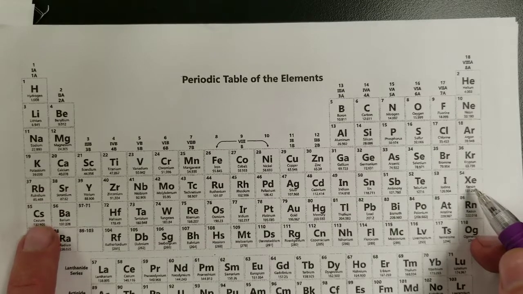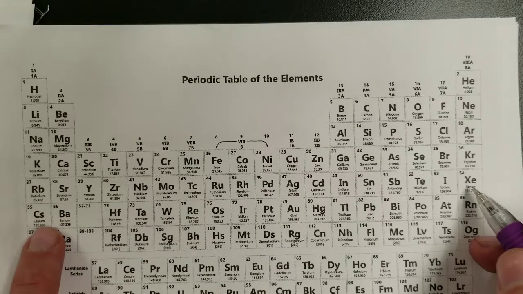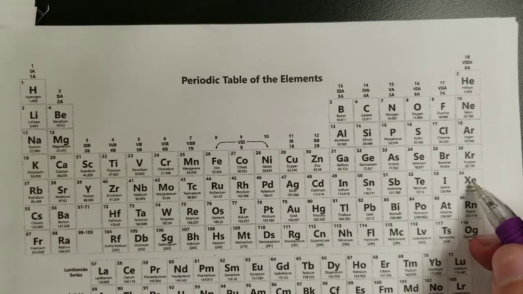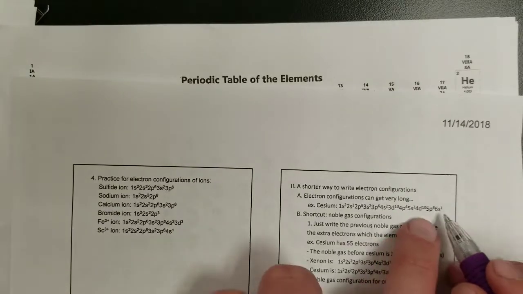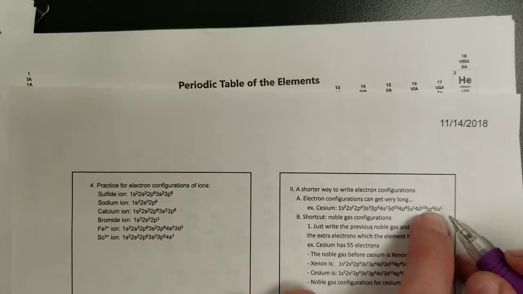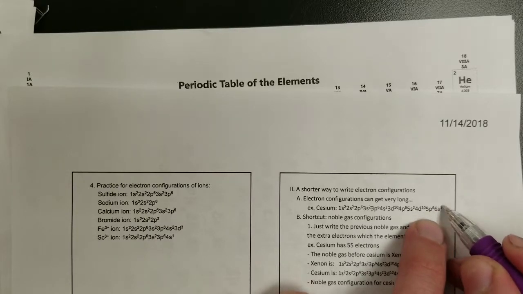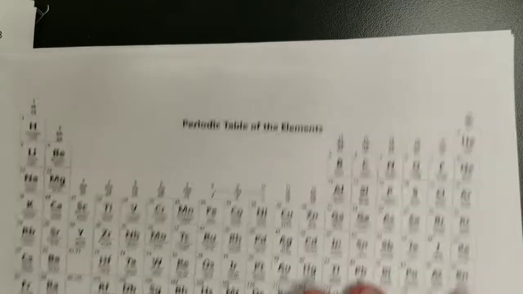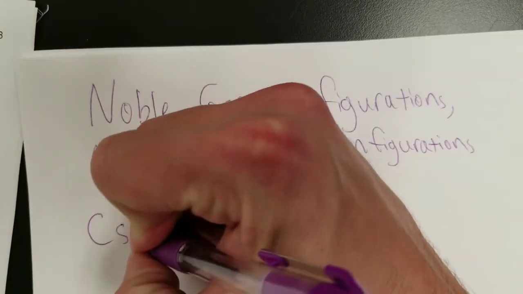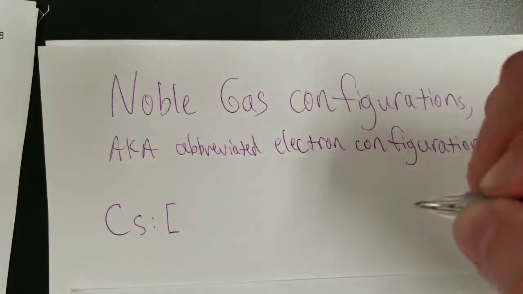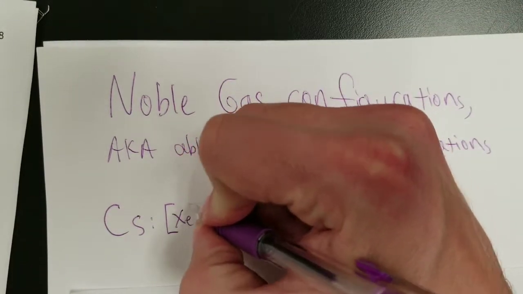The electron configuration for xenon and cesium is essentially identical, with the exception that cesium has one more electron because it's number 55 and xenon's 54. This is the only difference. So for cesium, it has the exact same electron configuration as xenon.